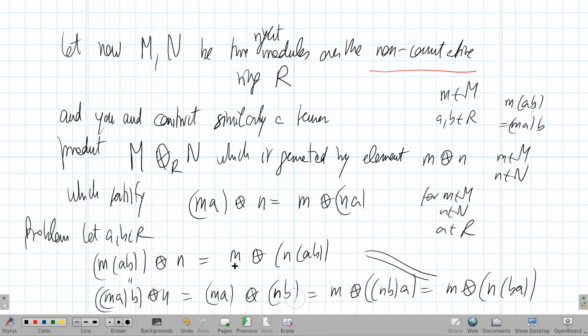This problem did not occur with vector spaces because vector spaces are modules over a field, and a field is commutative by definition. And so ab and ba, we switch the two factors without even thinking about it. But if you have a non-commutative ring R, and for instance, you could have the group algebra of a non-commutative group, this could be different. So this does not work.